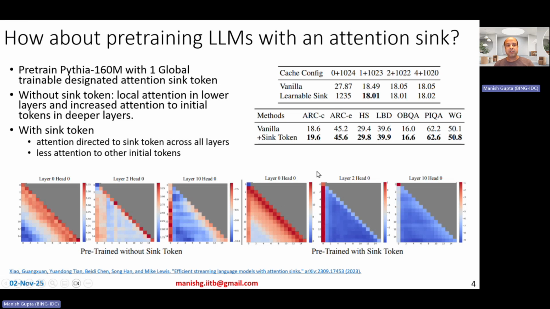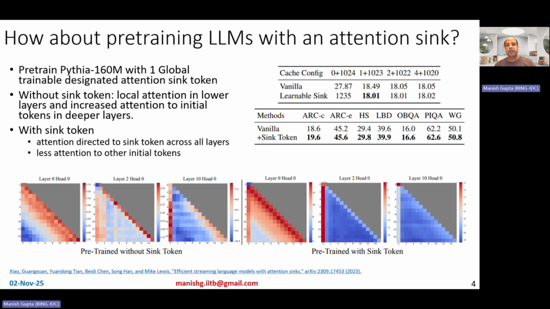But with the sync token, what do you observe? Attention is directed to the sync token starting from layer 0 itself. Attention to the sync token is pretty high across all layers, and less attention is provided to the other initial tokens, which is what you expected.